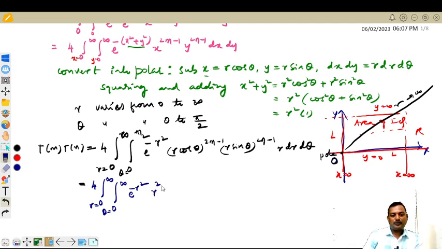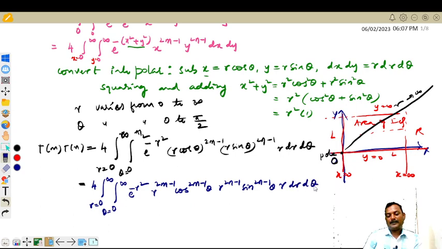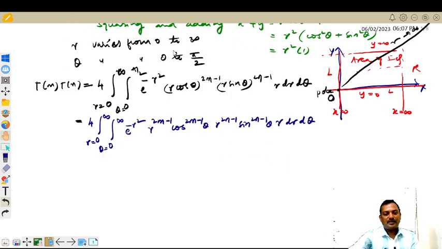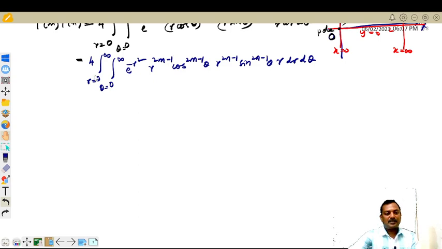This is r raised to 2m minus 1 into cos of 2m minus 1 theta, into r raised to 2n minus 1 into sine of 2n minus 1 theta, again r dr into d theta. Fine. Now we are going to combine r values. There are three values of r. So how do we combine these?